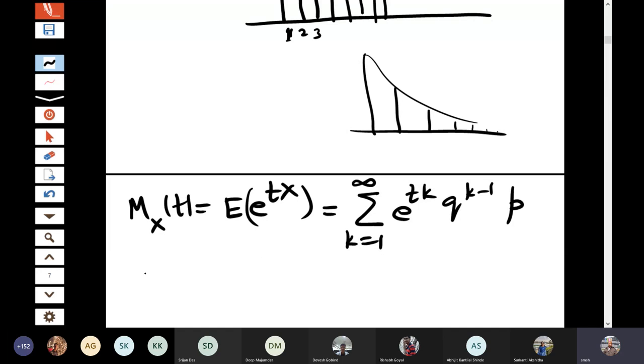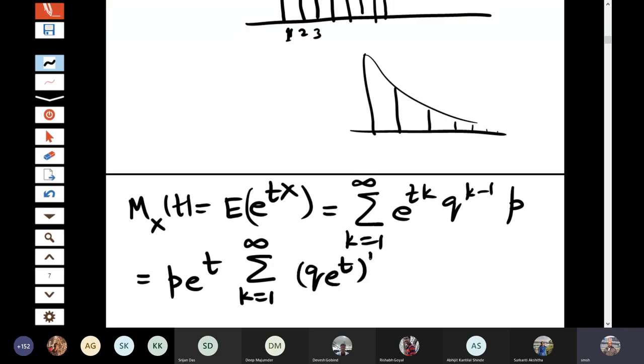So we can write it as p e to the power t sigma k equal to 1 to infinity (q e to the power t) to the power k minus 1. So it is same type of geometric series. Only thing is that the common ratio is now q e to the power t.